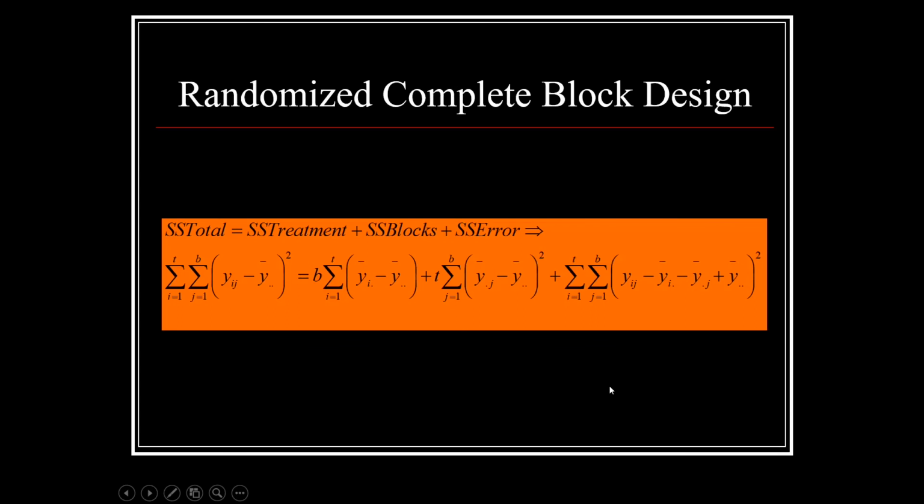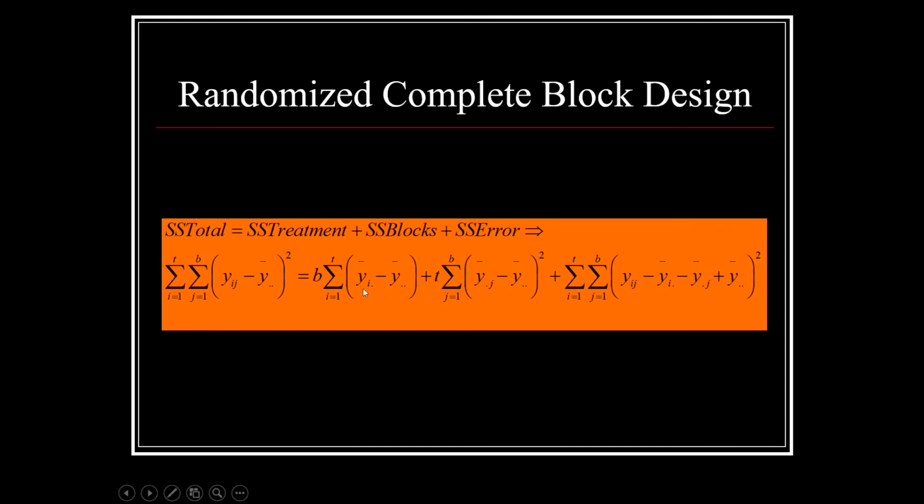Well, this leads us to sums of squares total, much like we had in our completely randomized design. Except now we have to sum across treatments and blocks, and we take our Yij's and subtract off our overall mean, square it, and add all of these up. Our sum of squares treatment then is the number of blocks times the sum of the y bar i dot minus y bar dot dot squared.